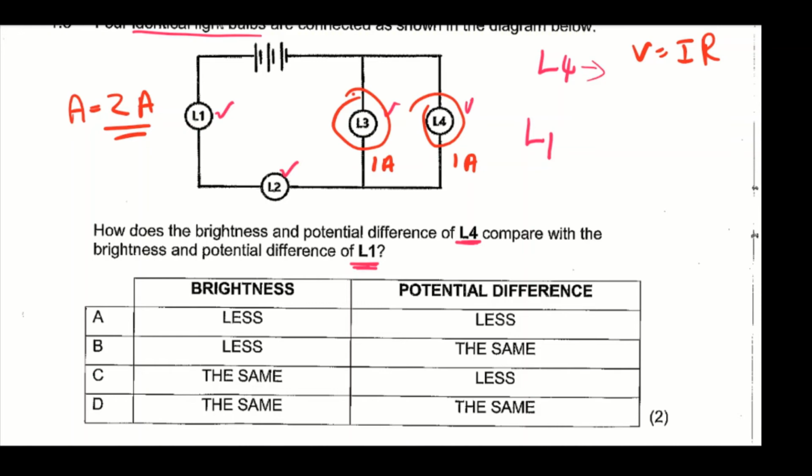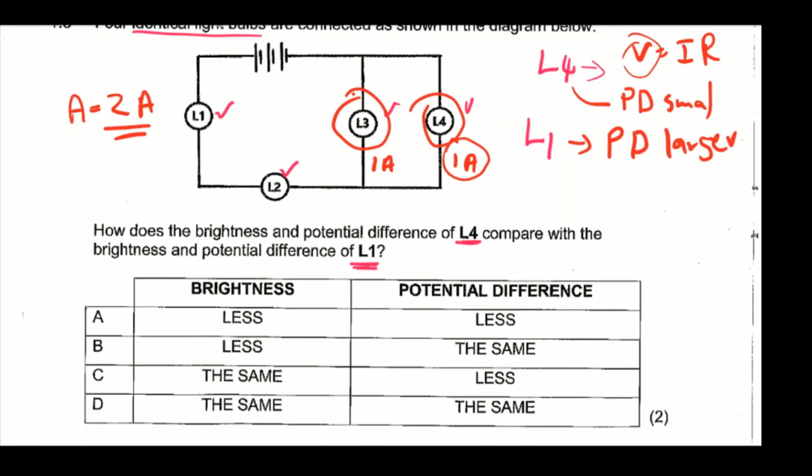So for the fact that this one would have 1 ampere of current, it means now that the voltage will be smaller. The potential difference of this one will be small compared to the potential difference of L1. L1 potential difference would be larger, right?